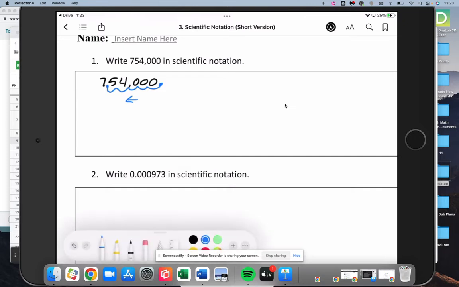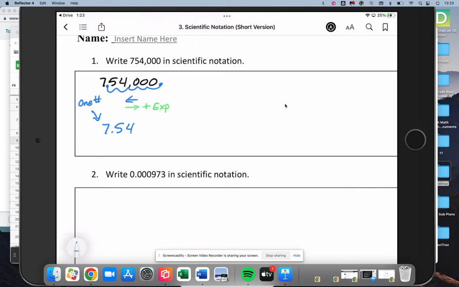To get this number back to being what it would be in its original form, I would have to move the decimal to the right, and doing that would make it a positive exponent. So the final thing for this is going to be 7.54. Again, the big thing is to only have one number in front of the decimal.